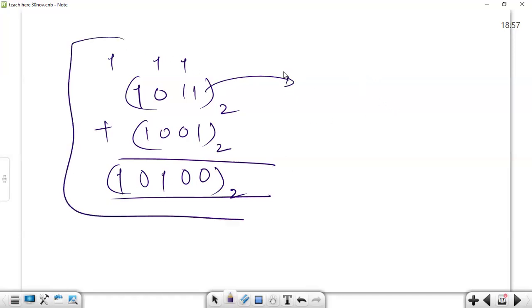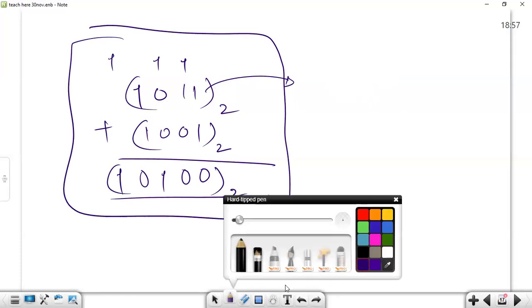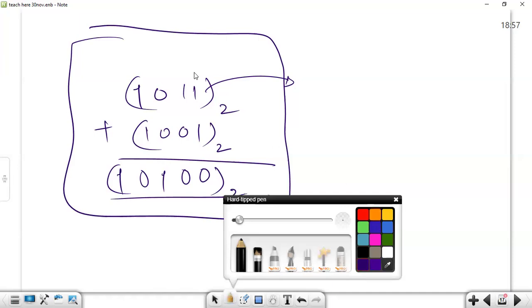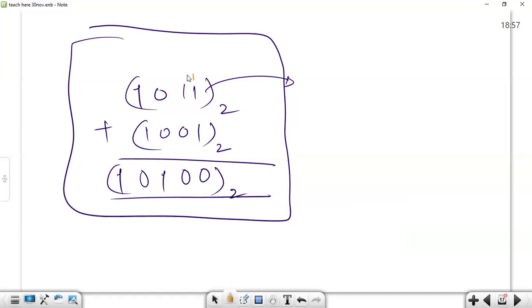Yeah, so this was in binary number system. Let's write for decimal number system for verification purposes only. So what we are doing now is converting the given binary numbers into the decimal number system to verify our addition. So this is 1, that is 2 raised to power 0, then 2, then 4, then 8.